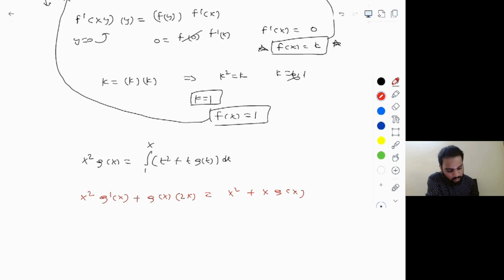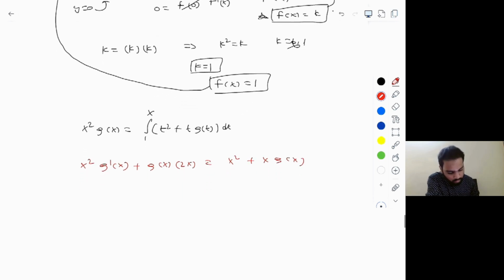Finally you know what to do. It's a clear differential equation. It will be x square multiplied by g dash of x, and you can bring this to the left hand side, which makes it x into g of x, which is equal to x square.